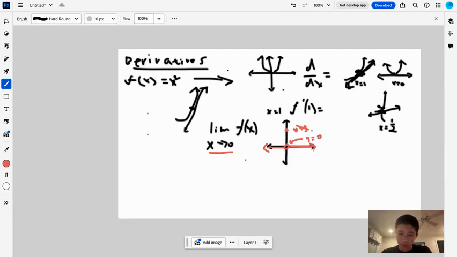Why is this? Well, when x approaches 0, it gets infinitely close, so it follows this line and this line. So it approaches 0. The standard x arrow value just means it approaches from both sides, from the negative and the positive side.